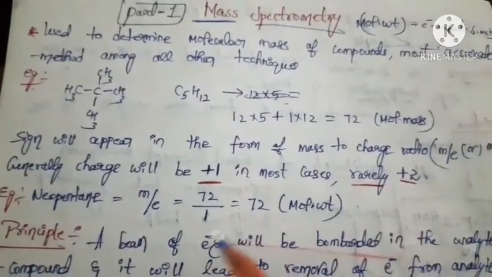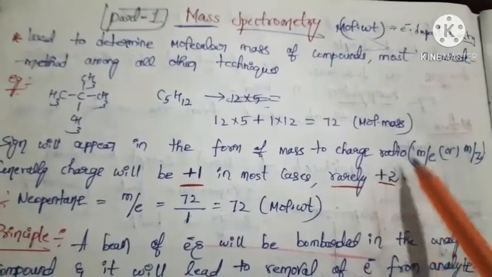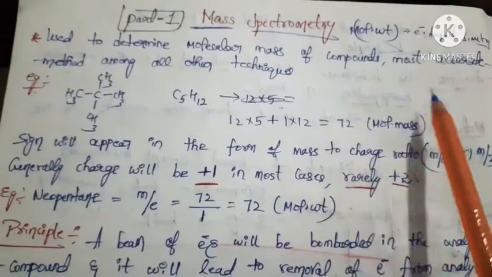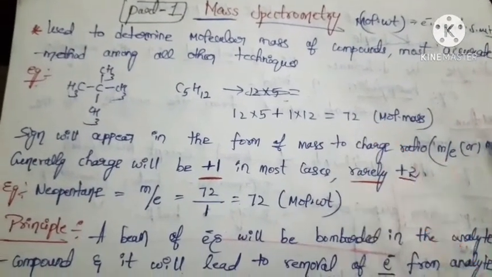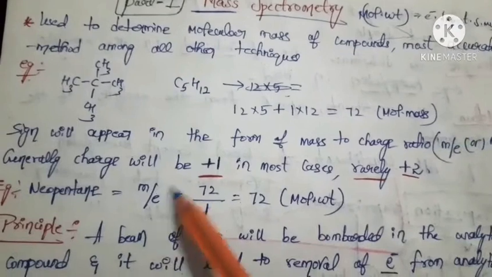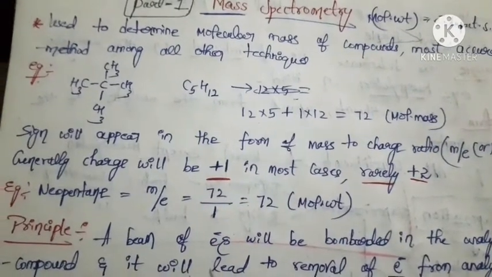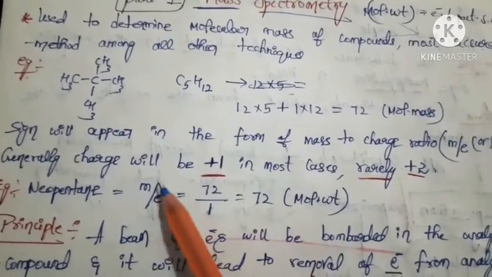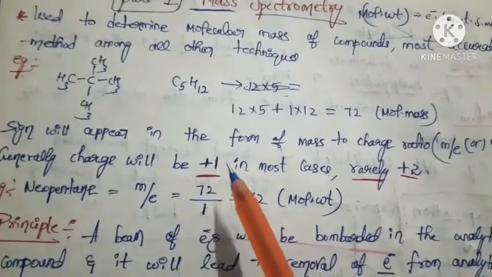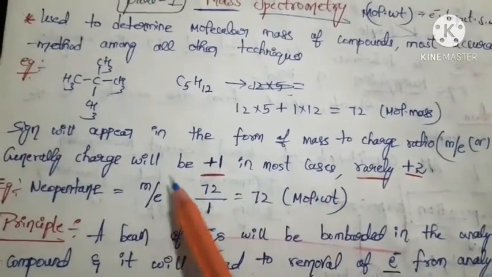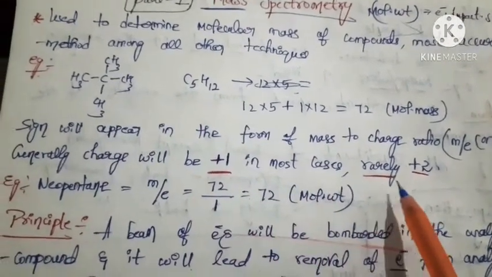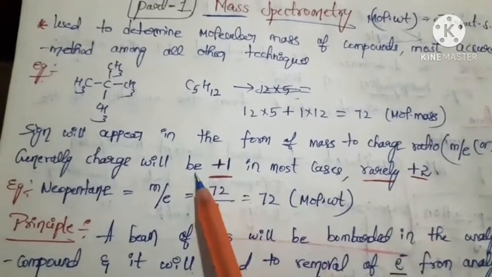Next, generally we know about the mass, we can easily calculate the mass. Then what about the charge? Usually in most of the cases the charge will be +1, rarely +2, but mostly +1.